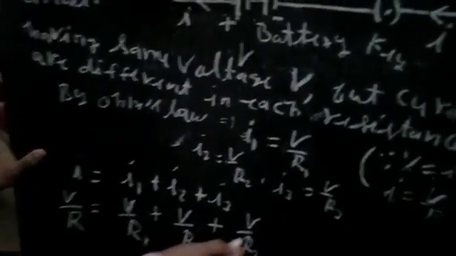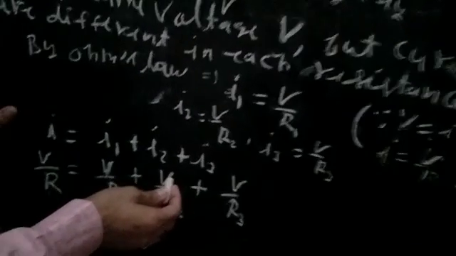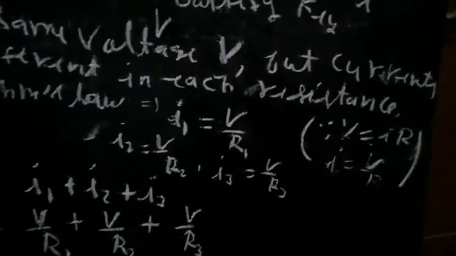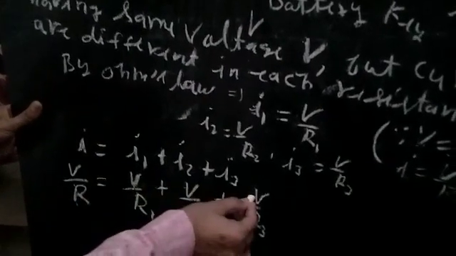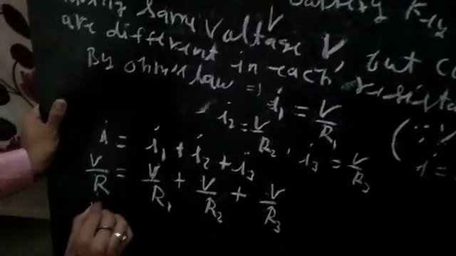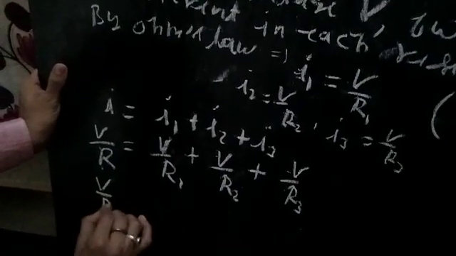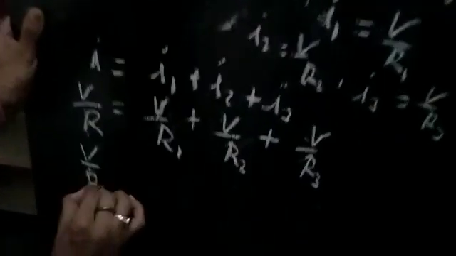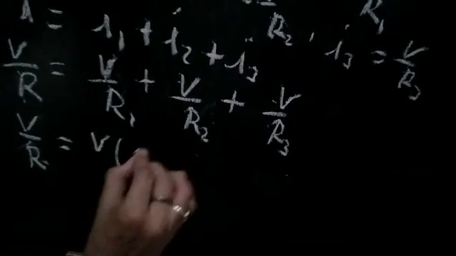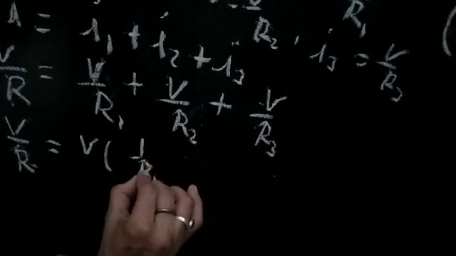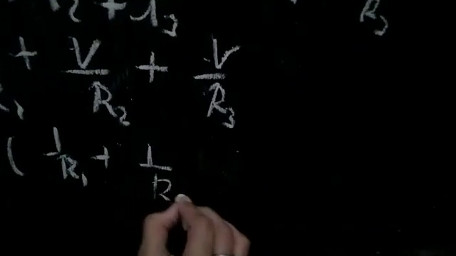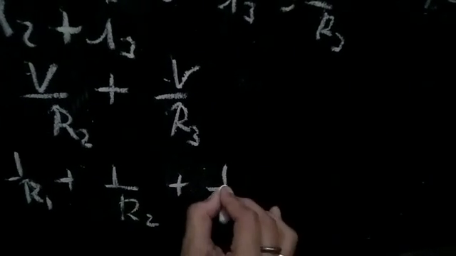Students, in these three terms V is the same voltage, common. That's why V upon R is equal to V common times 1 upon R1 plus 1 upon R2 plus 1 upon R3.